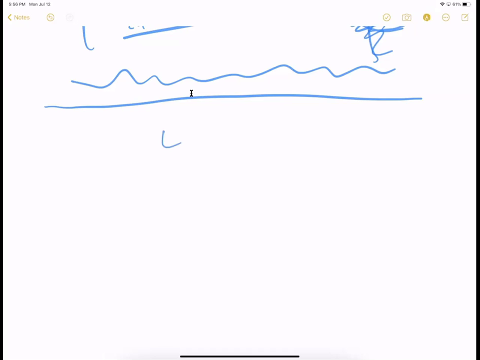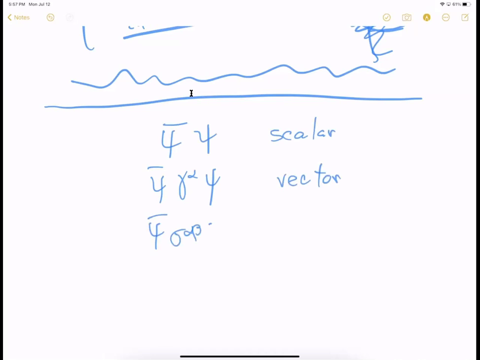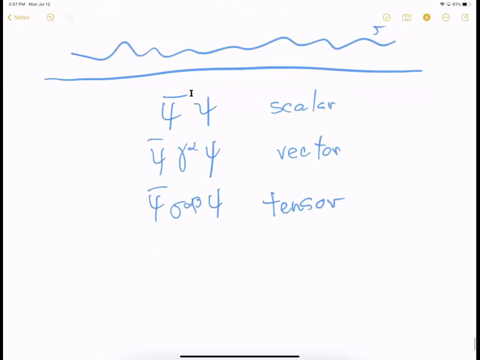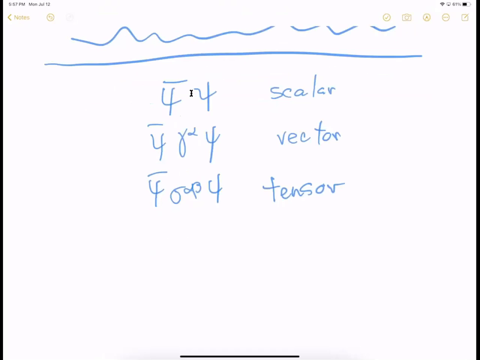The kinds of interactions we expect for fermions, I think I mentioned these before, are the scalar interaction or the vector interaction, or the tensor interaction, which is when you put the commutator here. And then anything with gamma 5 in it is going to violate parity on its own.